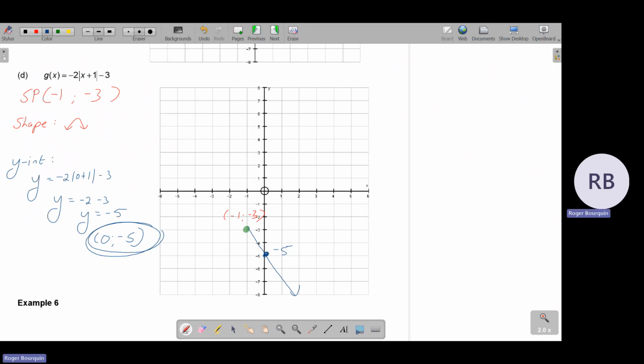Okay, so what? Tell me, what's going to be the coordinates of the point symmetrical to this point on the other side? Have a look, have a chat.